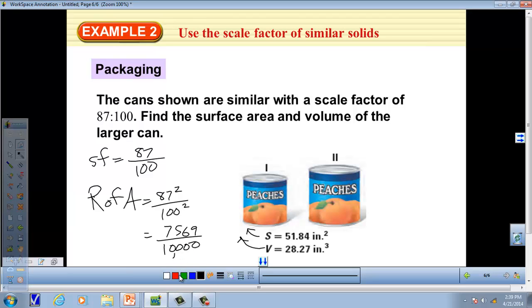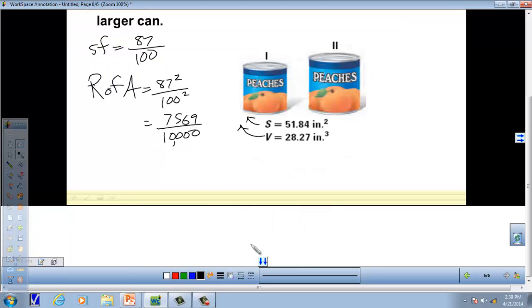Since 1 is the smaller one, we can say 7,569 over 10,000 is going to be equal to the surface area for 1, which is here, over the surface area for number 2.